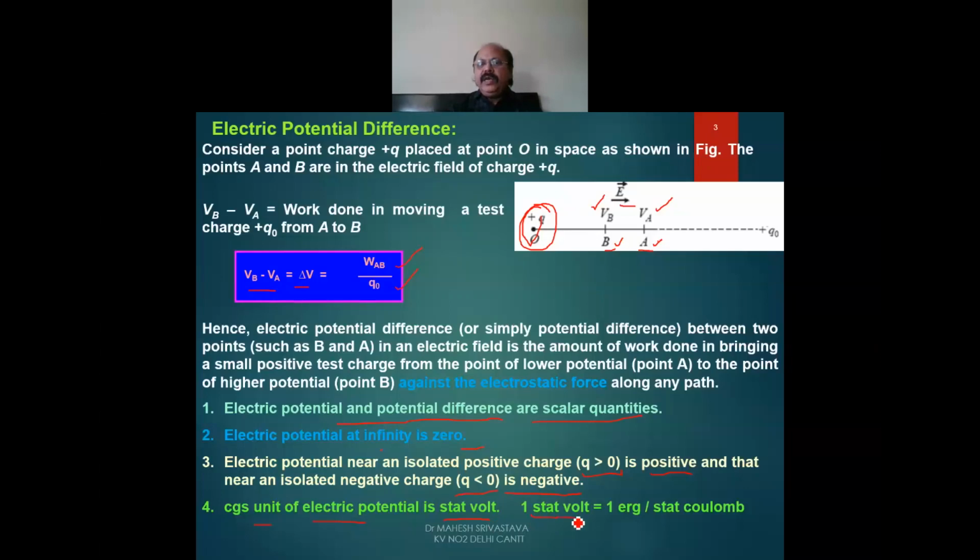So 1 stat volt equals 1 erg per stat coulomb. 1 erg is the CGS unit of work done and stat coulomb is the unit of charge. So finally 1 stat volt equals 1 erg per stat coulomb. Generally we use the SI units, but for your more knowledge you can remember it, the CGS unit of electric potential.